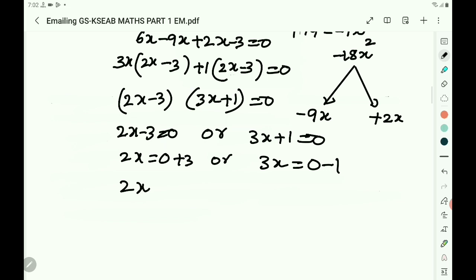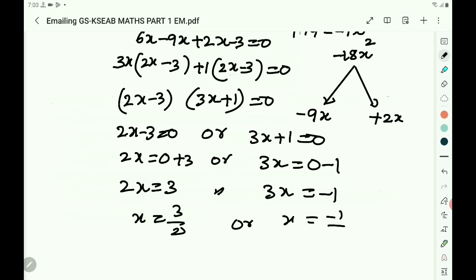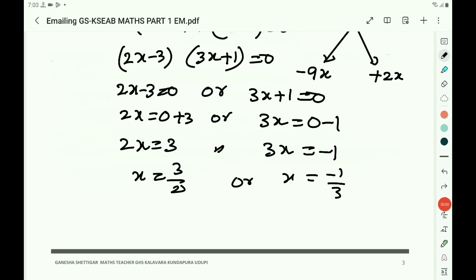You got 2x = 3, or 3x = −1. Then x = 3/2, transferring this 2 to the RHS, and x = −1/3. You got alpha = 3/2 and beta = −1/3.